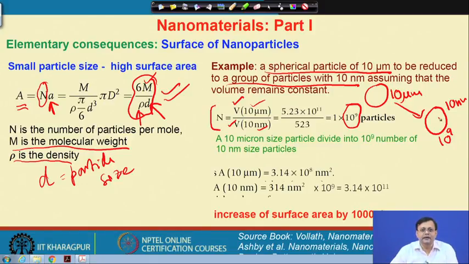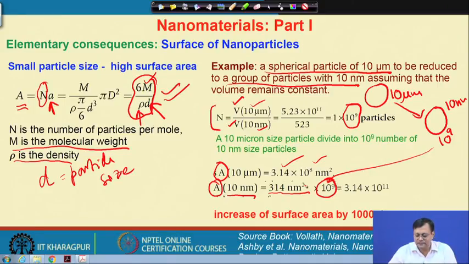Now, let us come back to the surface area. The surface area A is 3.14 into 10 to the power 8 nanometer square for the 10 micrometer particle, and for a 10 nanometer size particle it is 314 nanometer square. And now, the interesting thing is that 10 to the power 9 such particles exist.